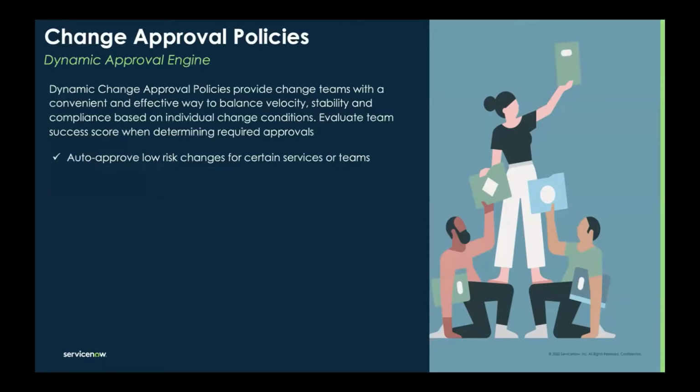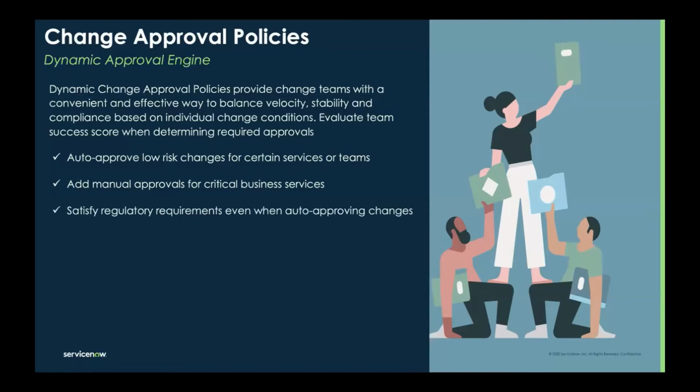So for example, you could automatically approve low-risk changes for a specific service or a specific team that you're happy to provide that automation for, provided they meet certain criteria. You can add manual approval, for example, on other teams who maybe are not doing change as well, or if you have a critical business service being changed, you could add manual approvals to that change. So they're very good for handling those sort of situations.